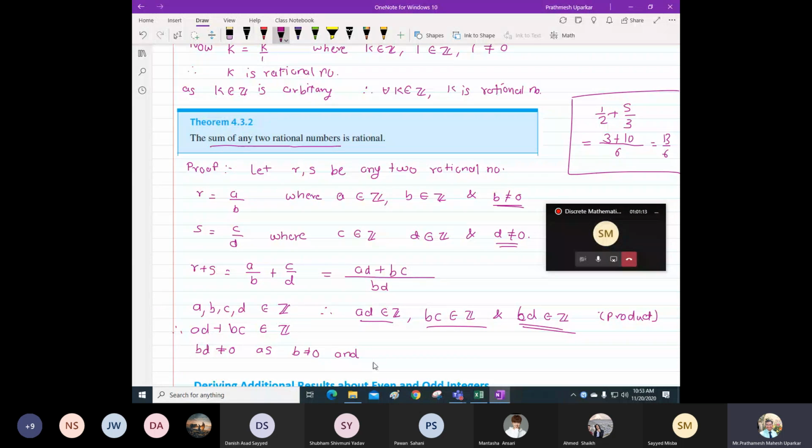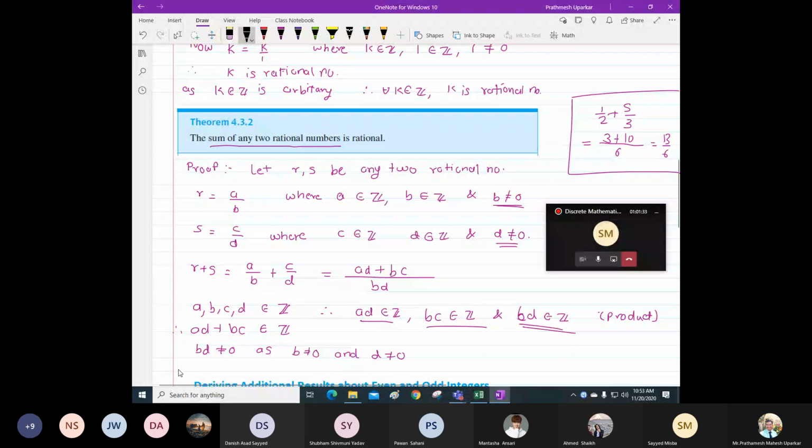So the product of non-zero integers will always give you a non-zero integer. Therefore, we have shown the numerator is in the set of integers, the denominator is in the set of integers, and the denominator is not equal to 0. So all three conditions are satisfied.